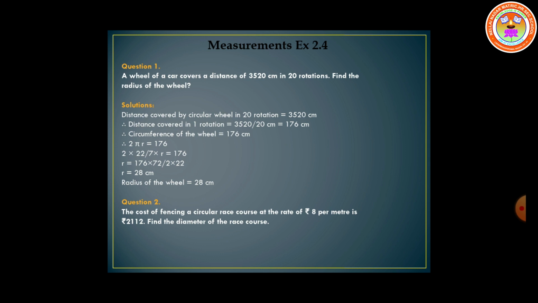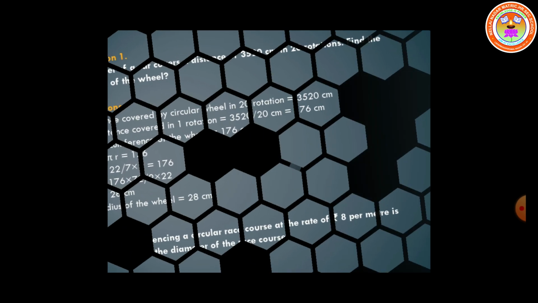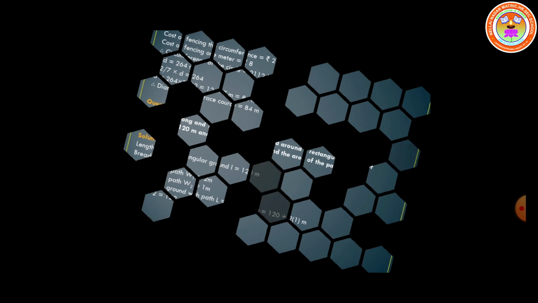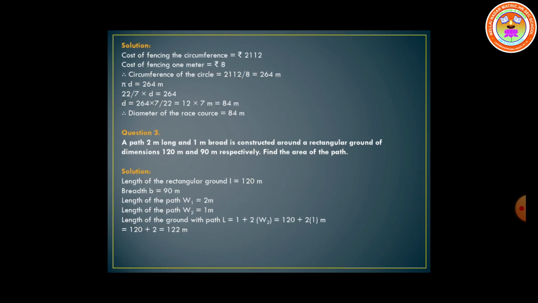So how do you find the diameter of the race course? The cost of fencing the circular race course, that is the circumference, is equal to rupees 2112. The cost of fencing 1 meter is equal to rupees 8.